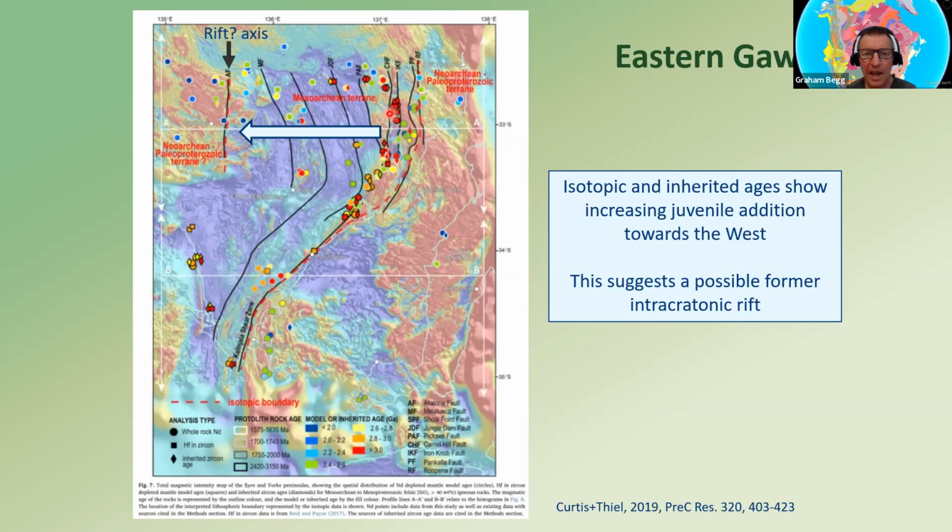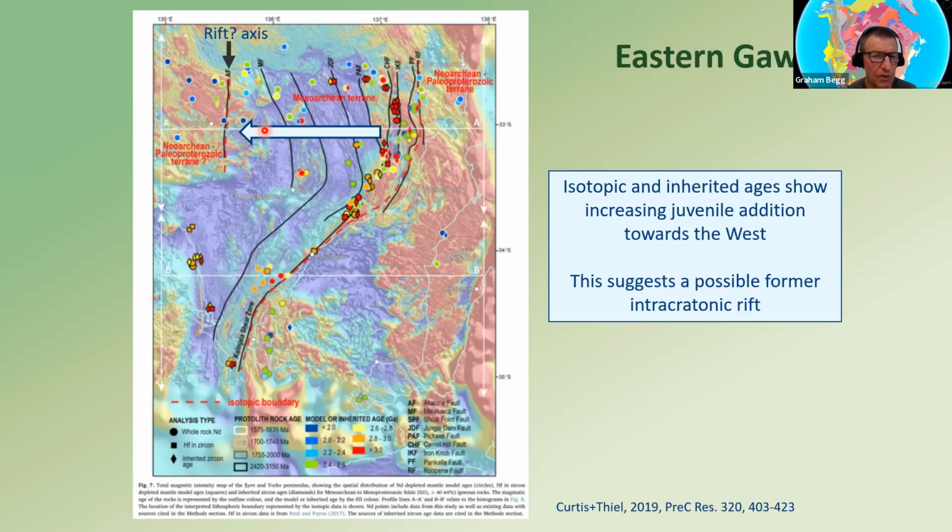Okay, and so what you find is the oldest material preserved is over here, and then as you progress westwards, you're seeing the colours gradually changing, a bit more green, yellow, orange, and a bit of red. But then as you go further west, you're starting to get a bit more blue. So in other words, as you go west, you're getting younger model ages.